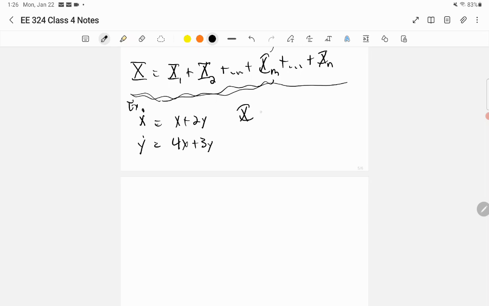That means my x is going to be equal to just x, y, and my A is going to be equal to 1, 2, 4, 3. And of course, it's homogeneous because I could write it as x dot is equal to Ax, right? So it's homogeneous.